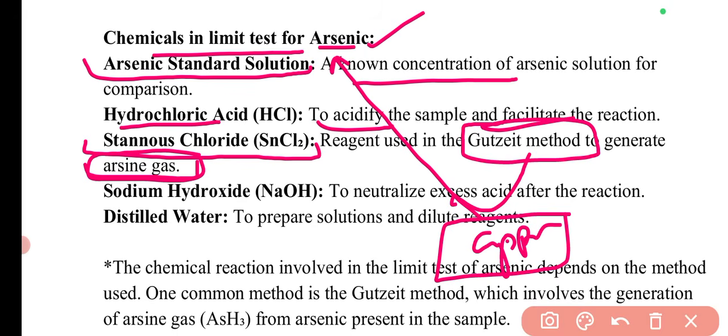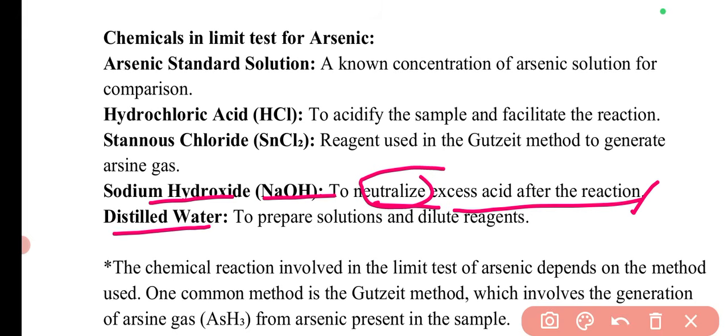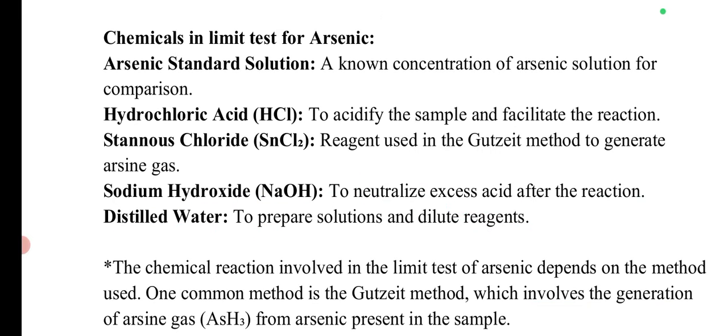And in this, stannous chloride is used to generate the arsine gas. Then there is sodium hydroxide, NaOH, which basically neutralizes the excess acid after the reaction. It is basically used for neutralization. Then distilled water is simply used to prepare the solution and dilute reagents.